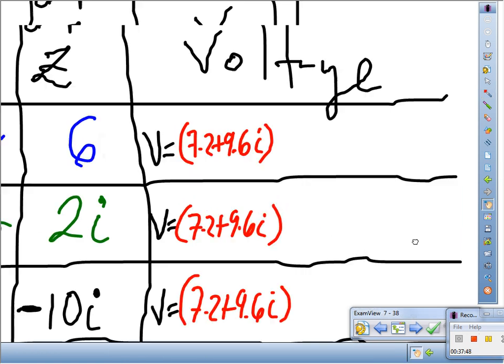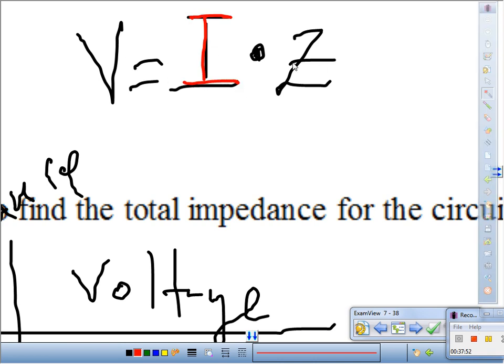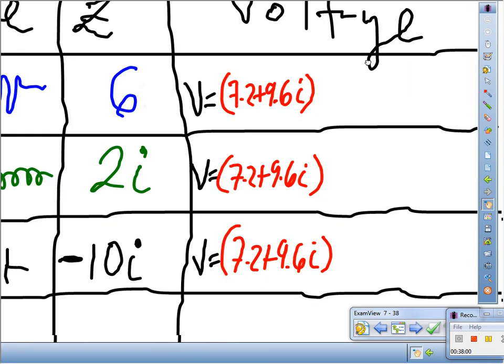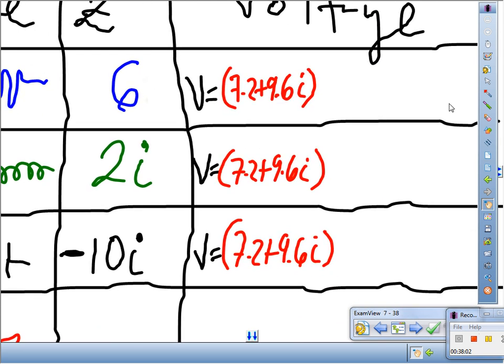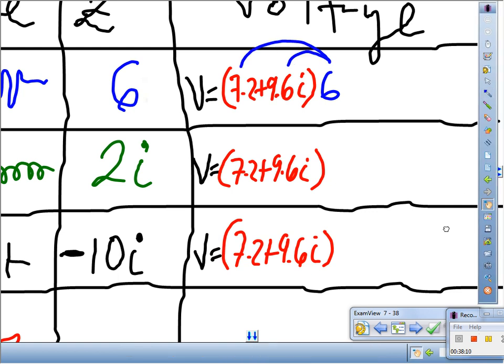All right. So according to the formula, we already have this and this in place. What are we missing? The impedance. The impedance is already written for each one of them. What is the impedance for the resistor? 6. So let's do that one first. 6, distribute.